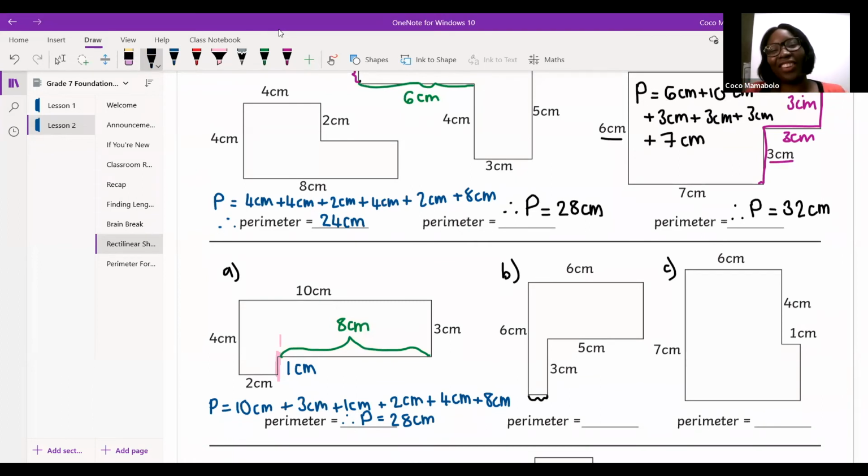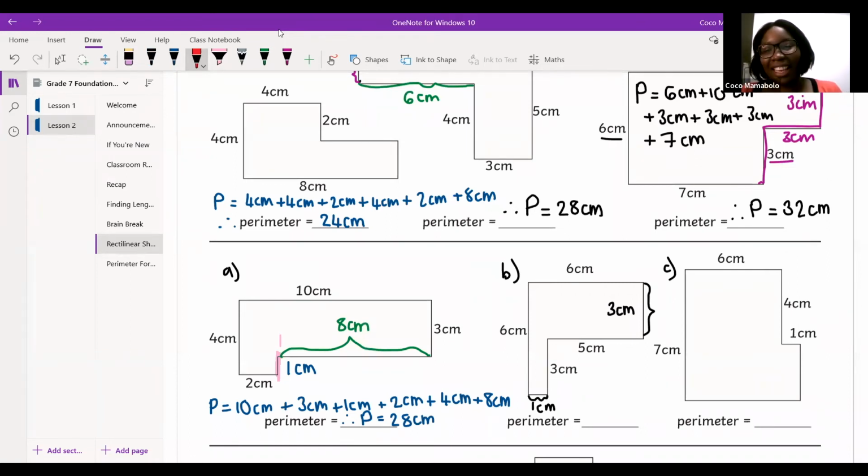If the whole rectangle has a 6 here, then this side over here is going to be 1 centimeter. And the side over here, if the whole side is 6 centimeters and they've given us 3 centimeters, this side is going to be 3 centimeters. Be careful, that 1 centimeter really does hide.